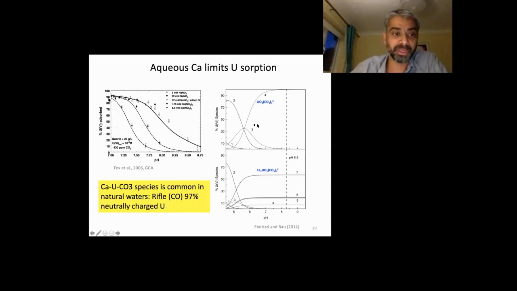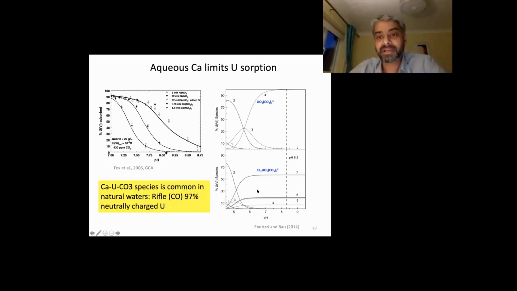So this is a paper where they experimentally determined the fraction of uranium adsorbed with pH. And you do see that between 2 to 10 millimolar of calcium, the adsorption of uranium is really low above pH 7.